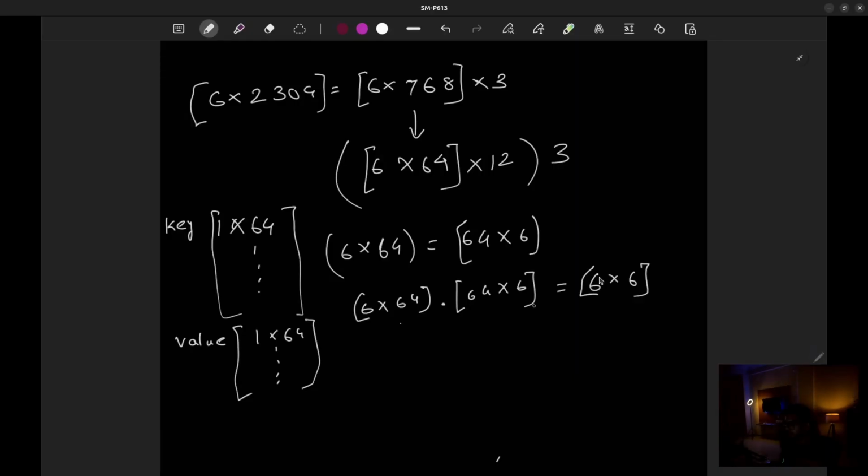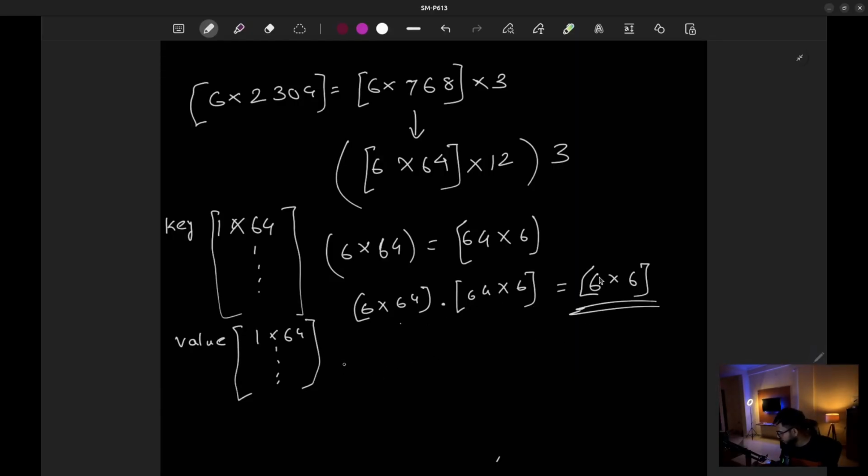Here we got this 6 cross 6 matrix, and it will do a cross product with the 6 cross 64. So we will get an output of 6 cross 64, right?